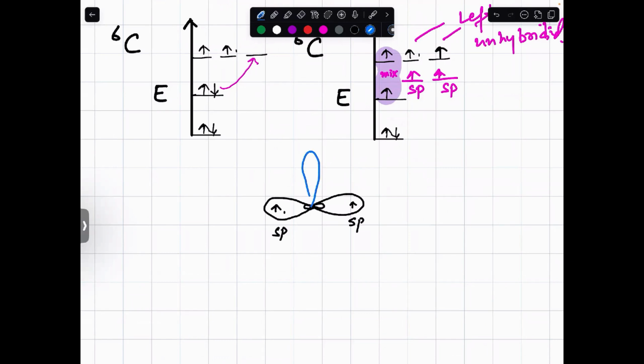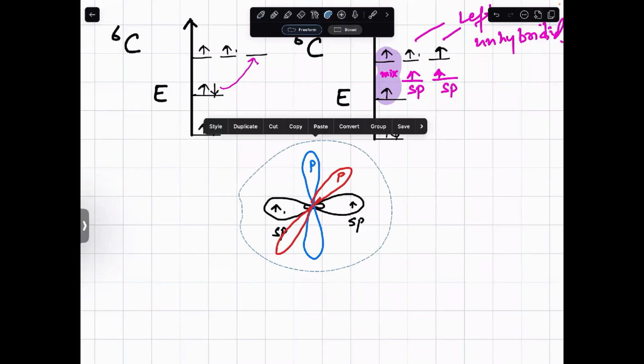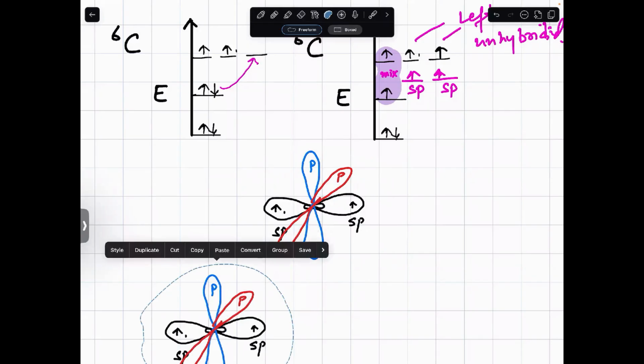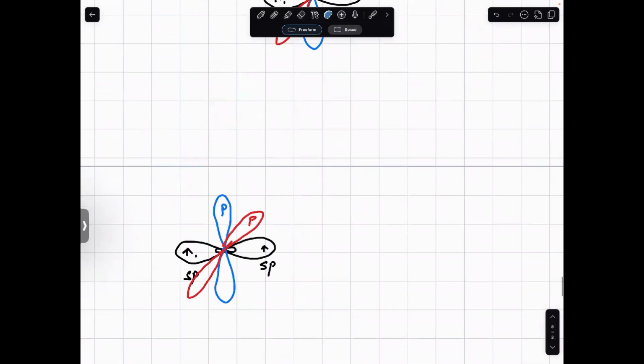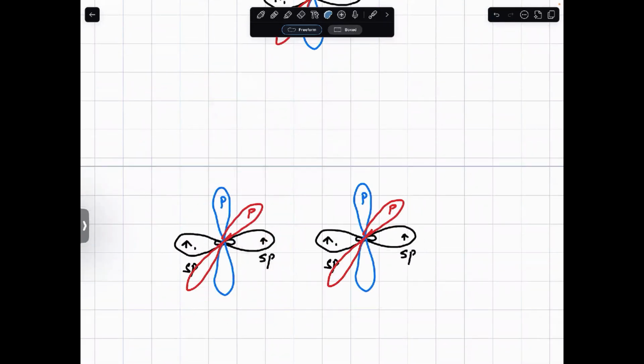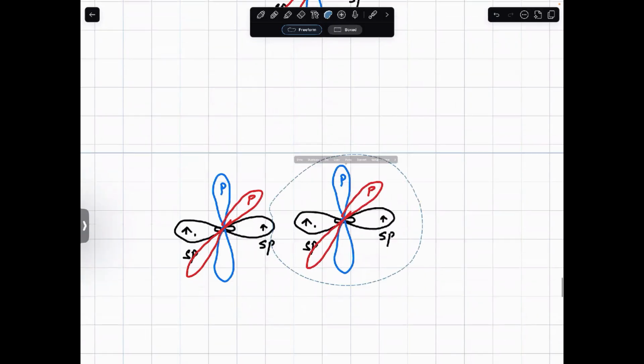One is unhybridized this, and the other unhybridized is this. This is P, and this is also P. Now, there are two such carbons like this, for example. One carbon, this is another carbon, right?